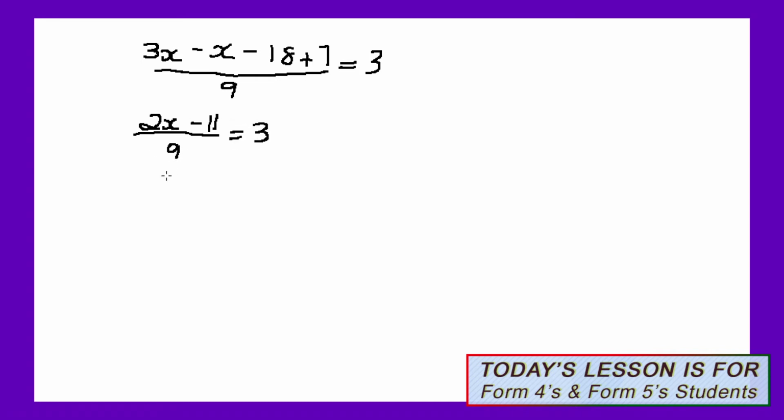So now, if you remember from the previous video, we're going to cross multiply. So now we have 2x minus 11 divided by 9 is equal to 3. Erin, can you recall the little warm-up that we would have done today on cross multiplication?